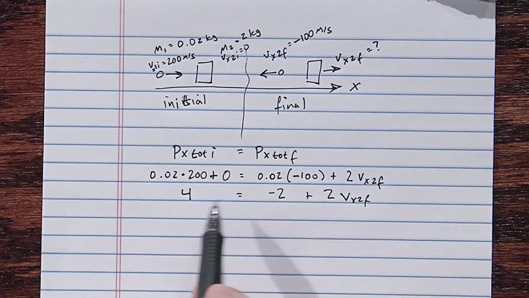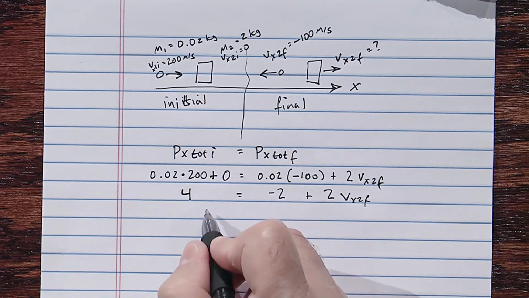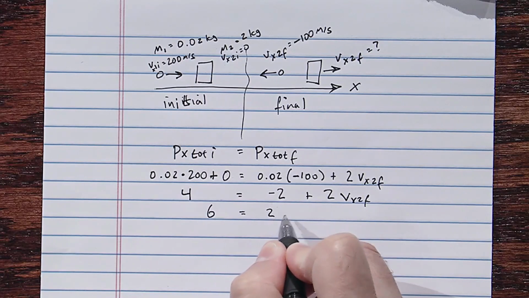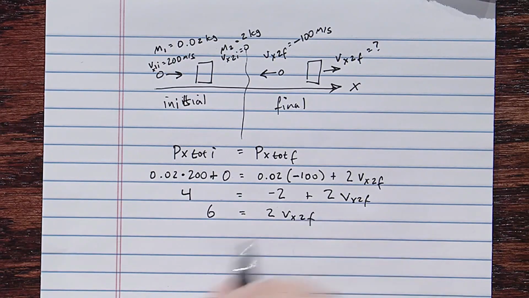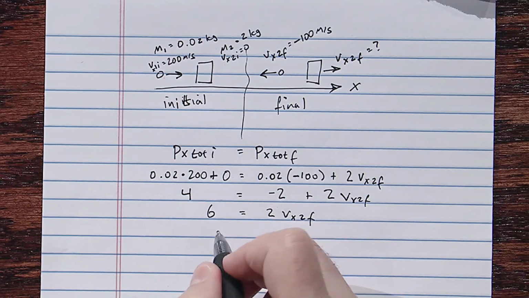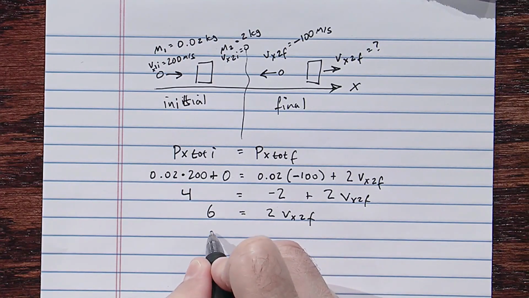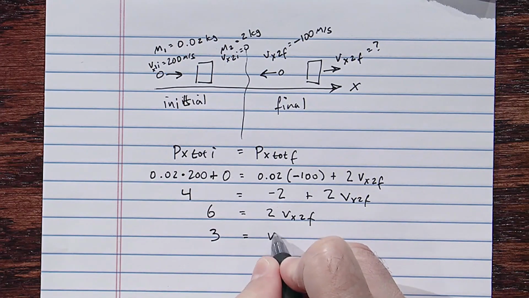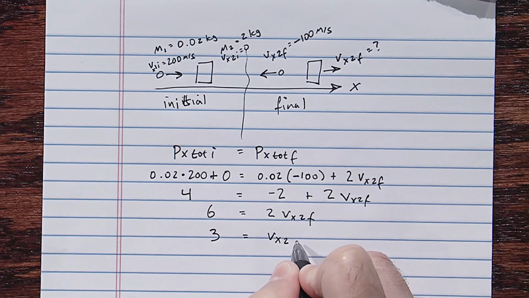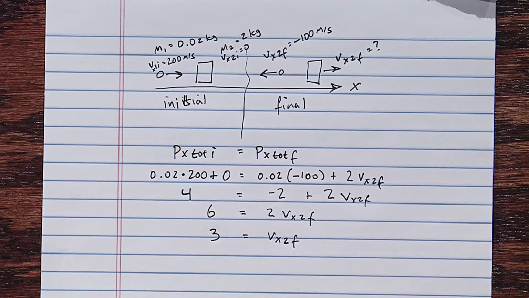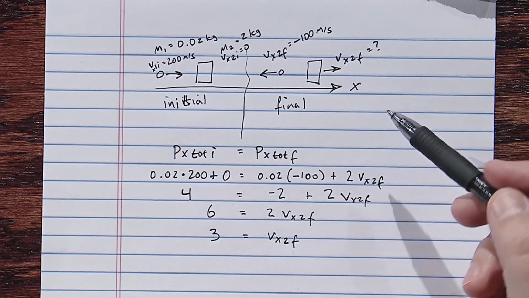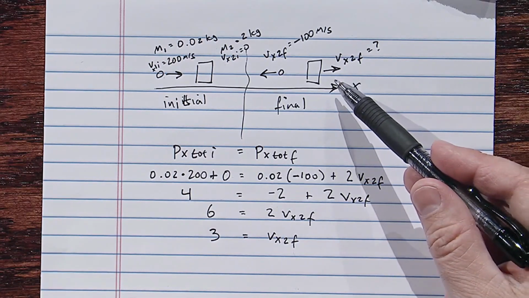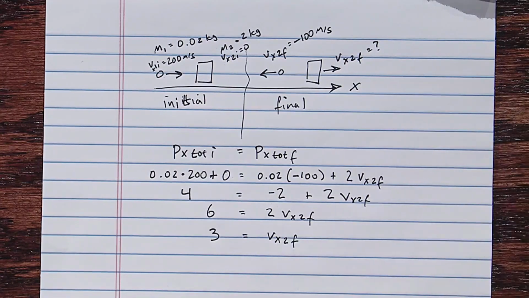Well, I will add this 2 to both sides, and I will get 6 is equal to 2 Vx2 final. Or if I divide both sides by 2, then 3 is equal to Vx2 final. So finally, the block is moving at 3 meters per second in the positive x direction, or the direction that the bullet was moving initially. And so that's the answer to the question we were asked.